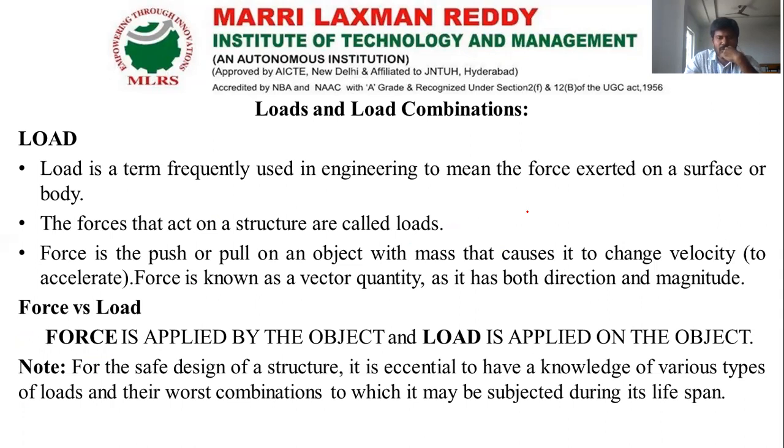So the force has both magnitude as well as direction. Next, force versus load. Force is applied by the object and the load is applied on the object. So this is the common difference between the force and the load.